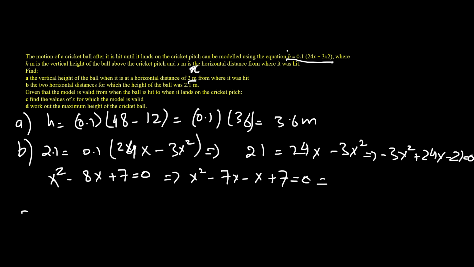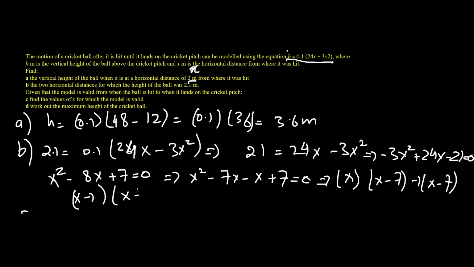So it can be written as x times x minus 7, minus 1 into x minus 7. So x minus 1 and x minus 7 equal to 0.